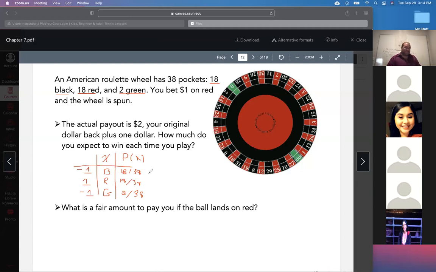So what do I expect to win on any specific roll? What is my expected value? Multiply, multiply, multiply, add.